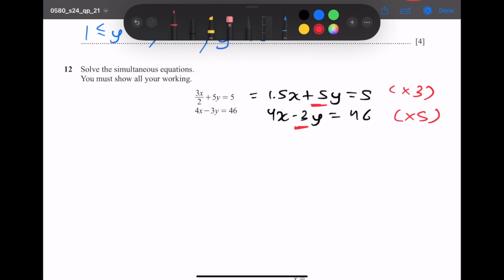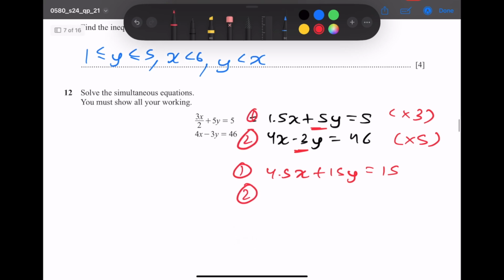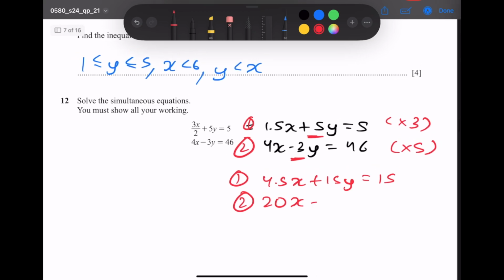So the first equation becomes 1.5 times 3, which is 4.5x, plus 5 times 3, which is 15y, equal to 5 times 3, which is 15. And the second equation is 4 times 5, which is 20x, minus 3 times 5, which is minus 15y, equal to 46 times 5, which is 230.